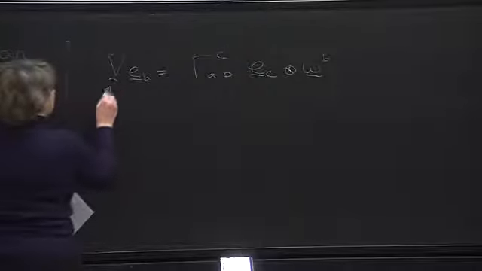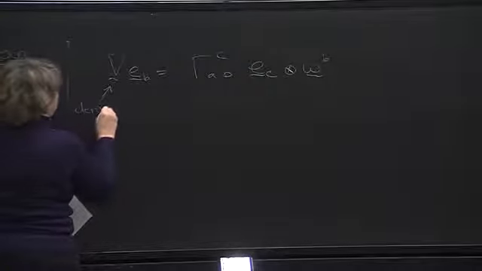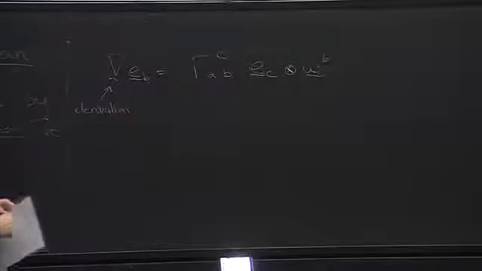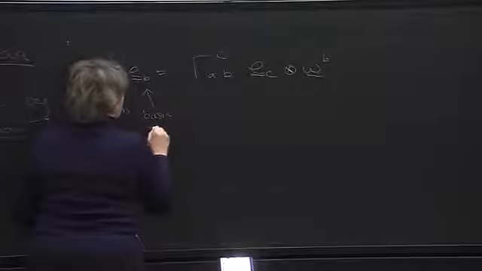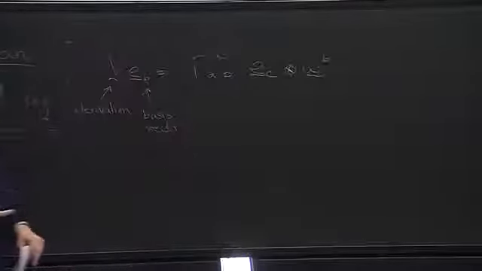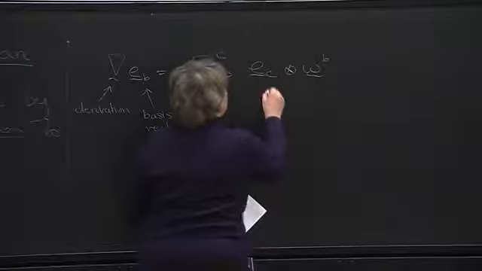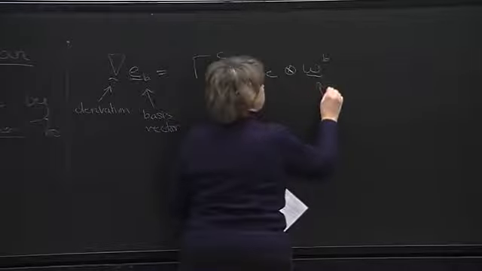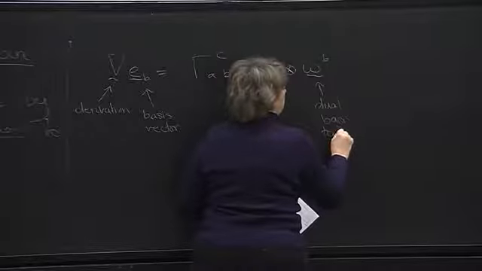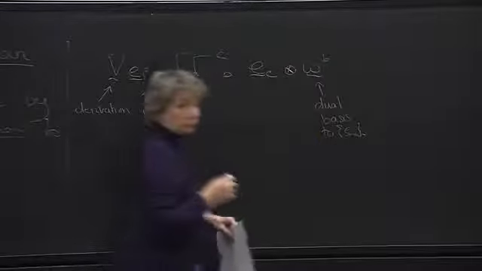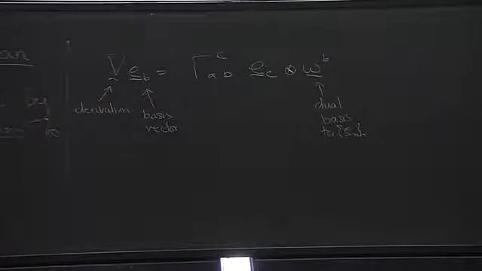So the connection here is grad, which is a derivation. Well, actually, we define it, I'll give you the axioms in a moment, but this is our practical way of looking at it. The derivation acts on a basis vector and takes it to a mixed 1-1 tensor. So that's the vector part here, and these omegas are the dual basis to E_A.